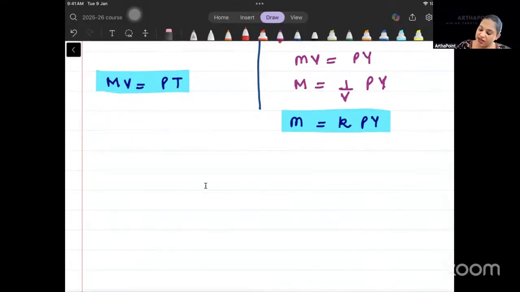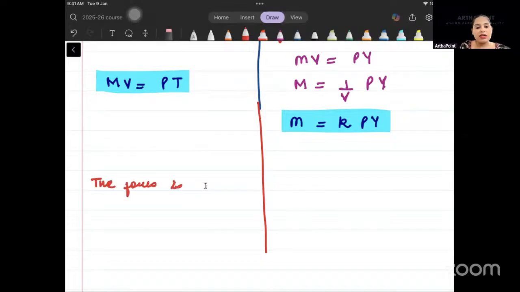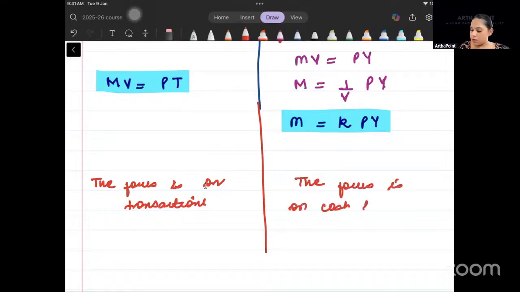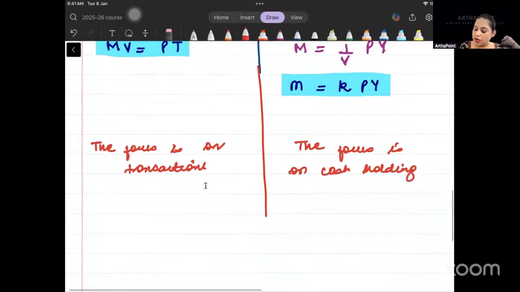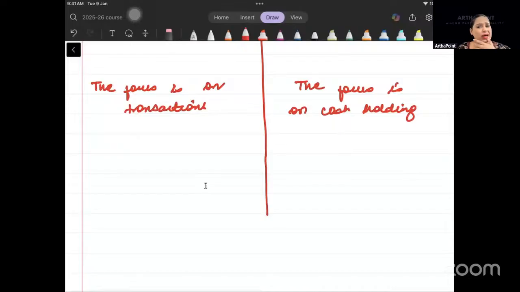So we can say that here the focus is on transactions, and here the focus is on cash holding. Because we are talking about transactions, in a way this is a very mechanical approach: the more transactions you do, the more money you will hold.